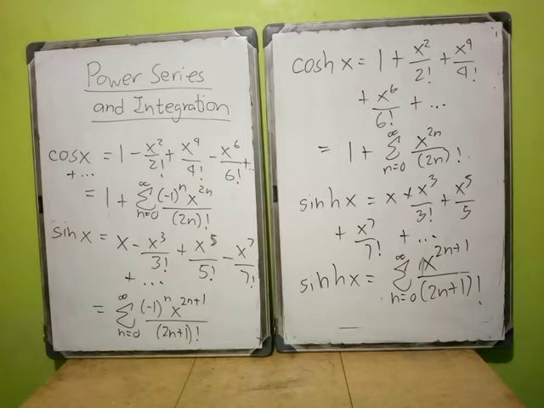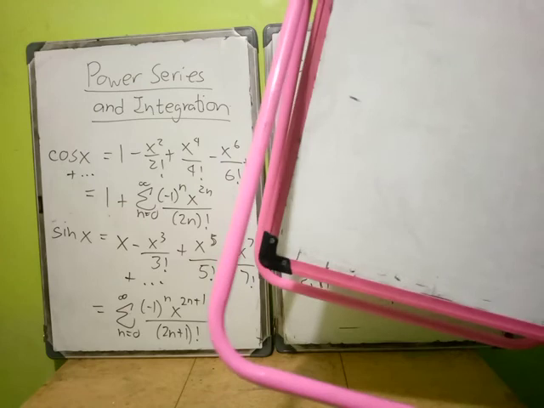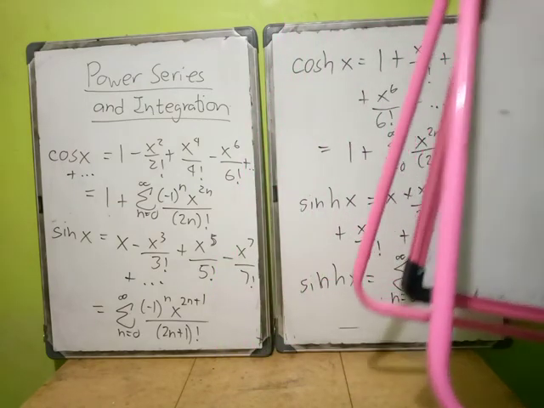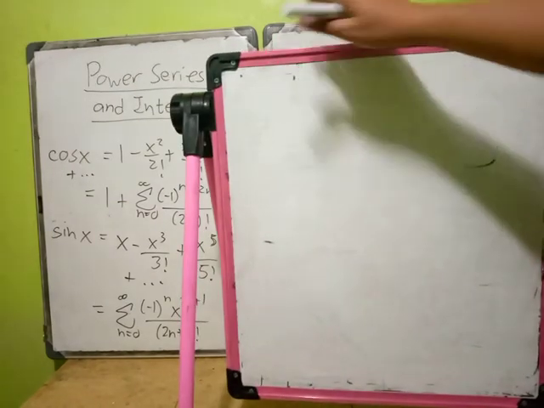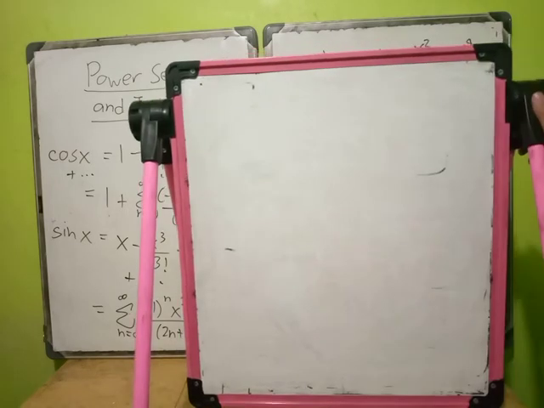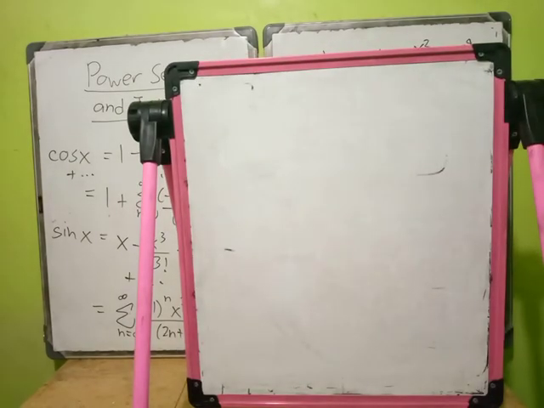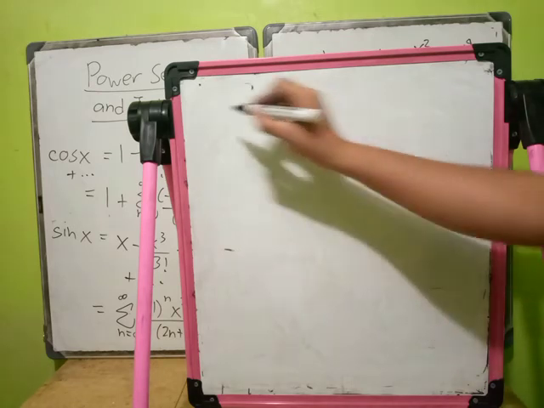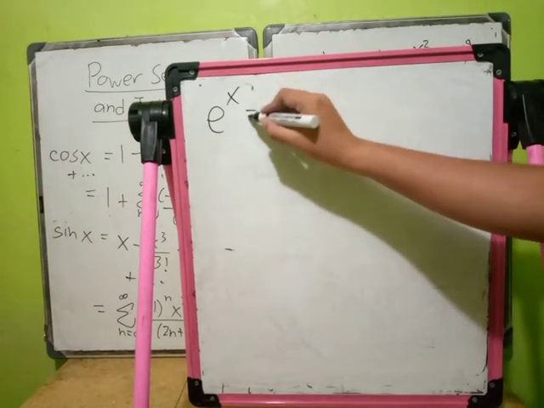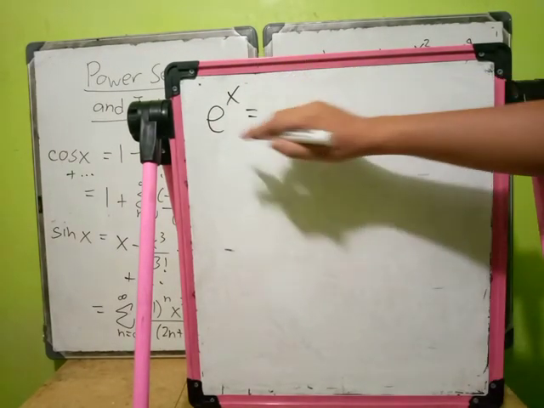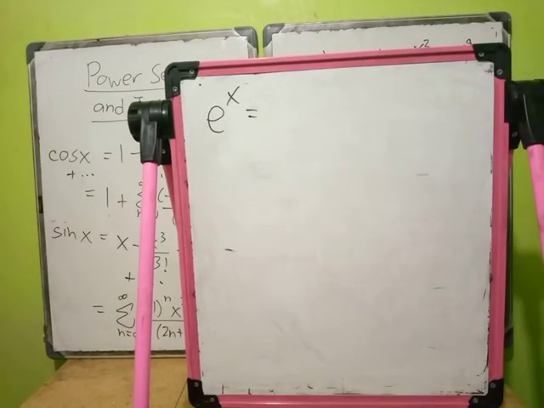Okay. So other terms of power series, we also have the natural logarithm base. So we also have e to the power of x, where e is the natural logarithm base.